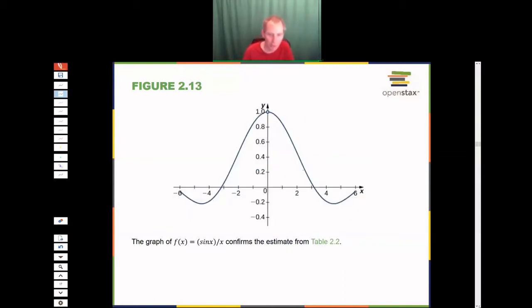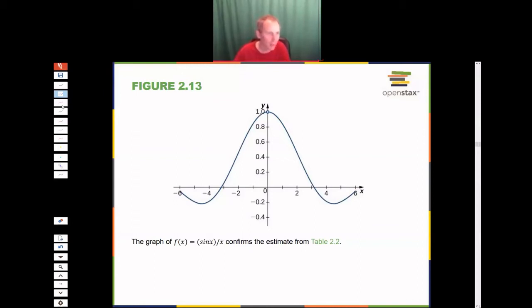All right, so here's the graph of f of x equals sine x over x. What's going on with this limit? Well, when I look at the graph, I can follow along with what the graph is doing, but I have to be aware that when I plug in 0, I'll have 0 over 0, and that's no good.